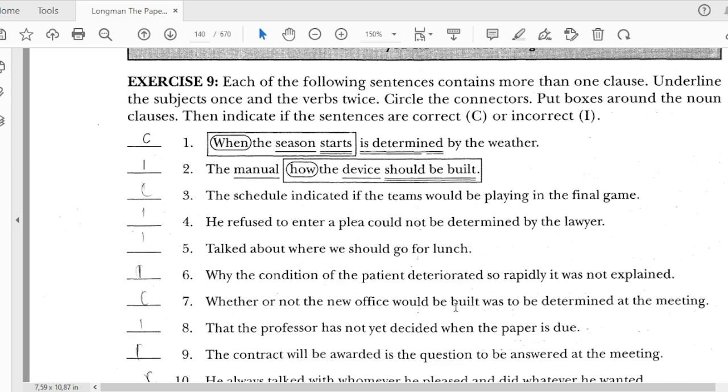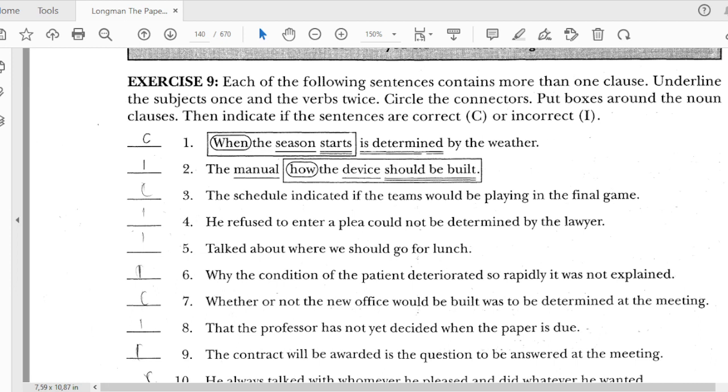Each of the following sentences contains more than one clause. Underline the subject once and the verb twice. When the season starts is determined by the weather. The manual how the device should be built.